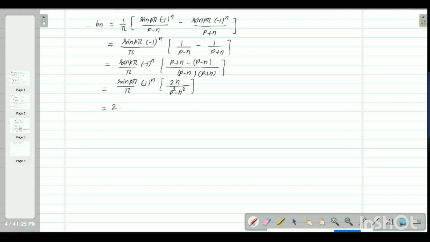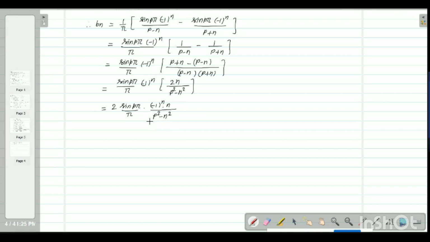2 sin pπ by π. And what is the remaining thing? Your remaining term is (minus 1) raised to n into n by p square minus n square.